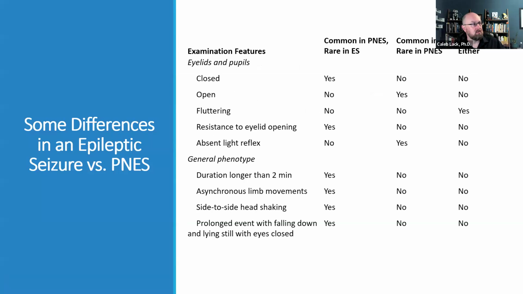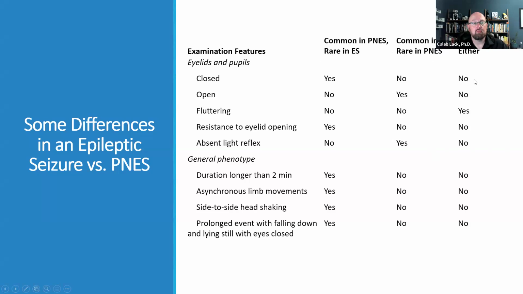So I had mentioned that you can look at the problems, right, and see, here's what you're presenting with. Does it match more of a picture of, for example, tics or more of a functional movement disorder? This is an example of things that you would see for seizures. So there are 3 columns up here. You can see that certain kinds of symptoms are very common in psychogenic non-epileptic seizures, but very rare in epileptic seizures, or vice versa, common in epileptic, rare in non-epileptic.